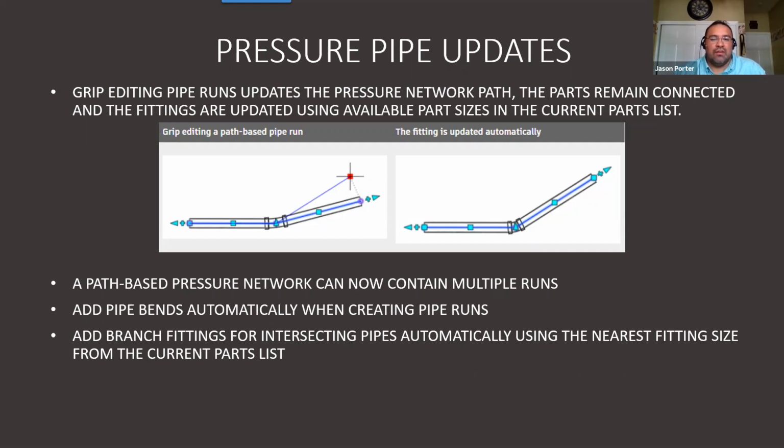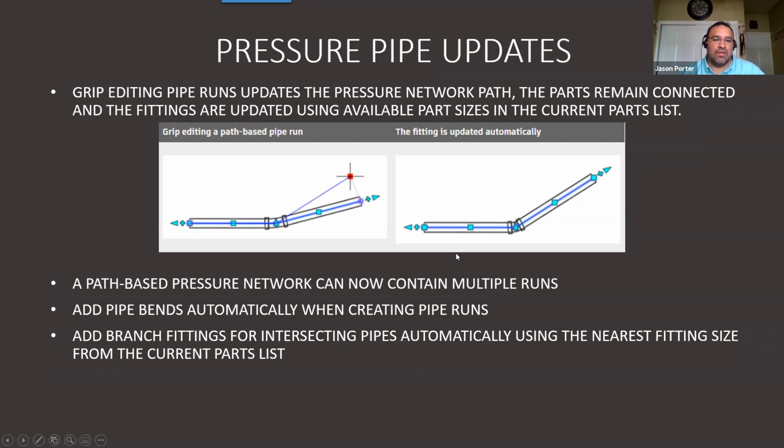I'll show you that here in a little while, as well as how you can create a profile from that alignment and have it dynamically linked. And the beautiful thing here is, as you lay out your pressure pipe network, if you calculate the clearance from the top of surface down, it's going to be dynamically linked to that as well. You can have several pipe runs in one pressure pipe network, whereas before it was all one entire network.